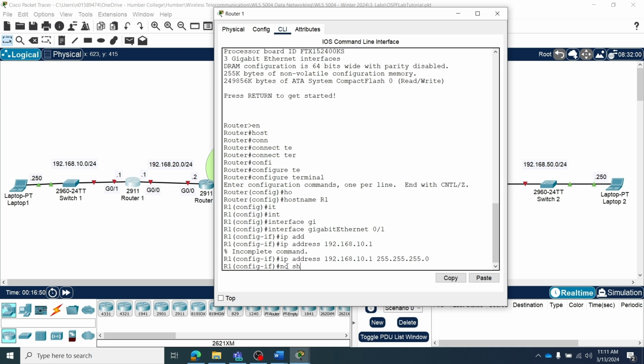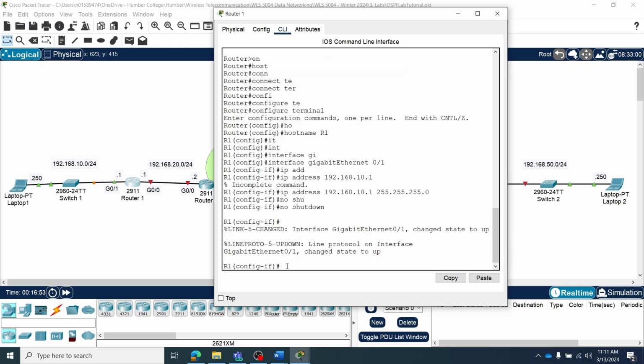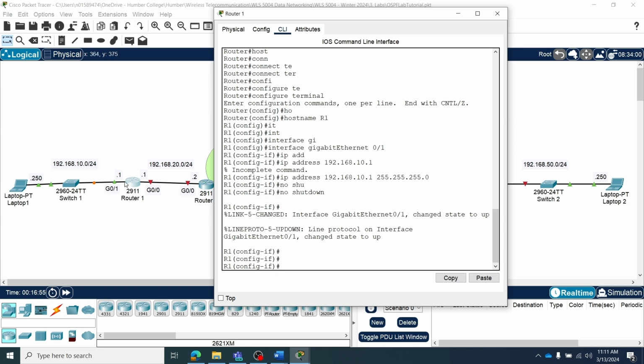Then no shutdown. So we configured the IP address of interface gigabit 0/1.